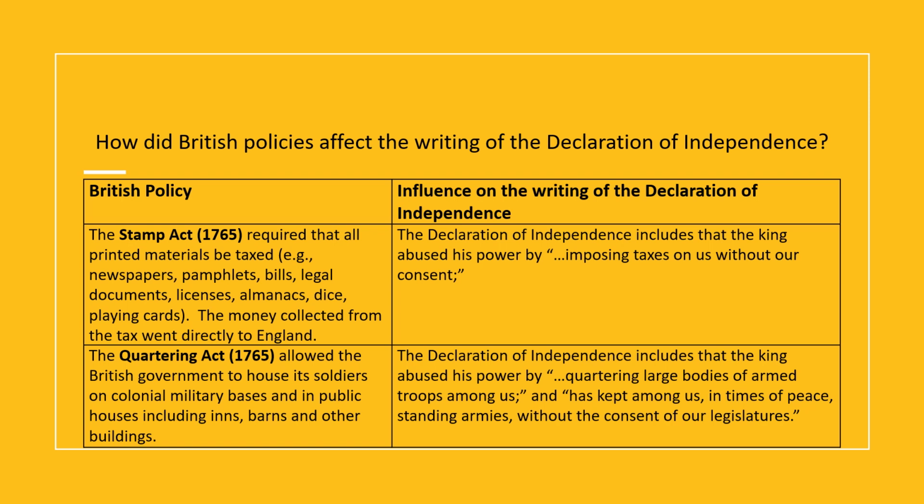Even dice and playing cards, for people to play dice with each other or to play card games with each other. In order to do that, they had to pay an additional tax besides the price of the dice and the price of the playing cards in order to be able to purchase those items.